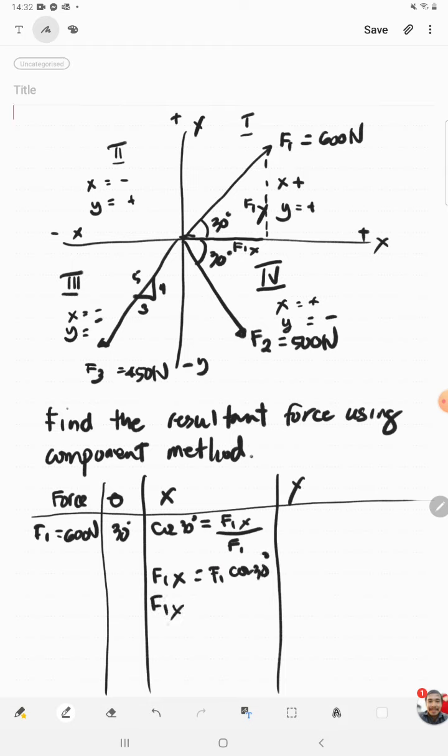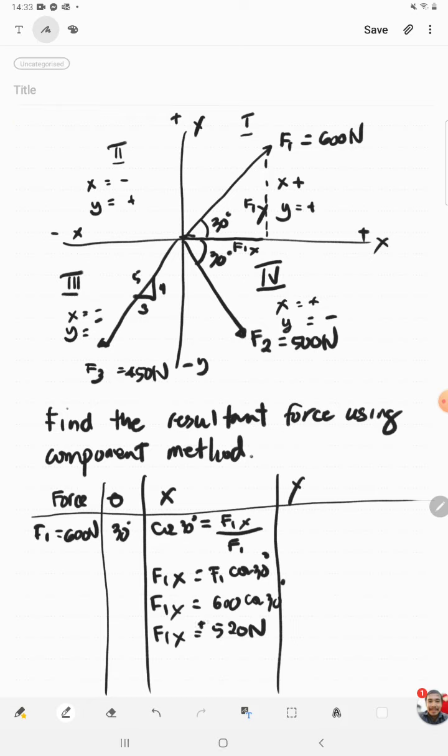So F1x is 600 times cosine of 30, and we get 519.6, which we can write as 520 newtons. And you will see that this is positive.